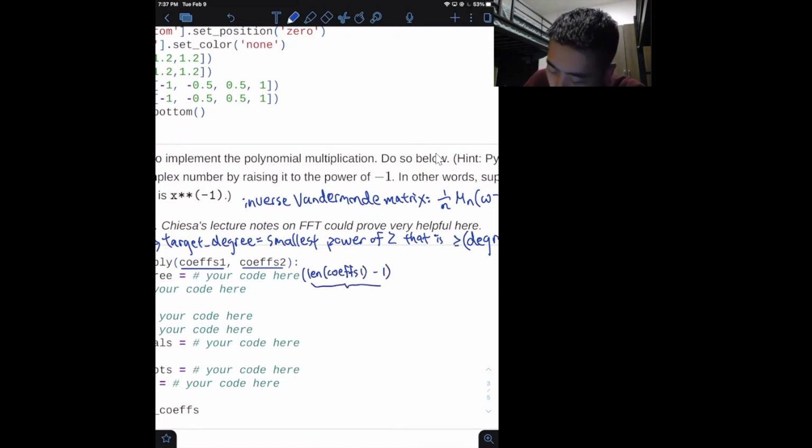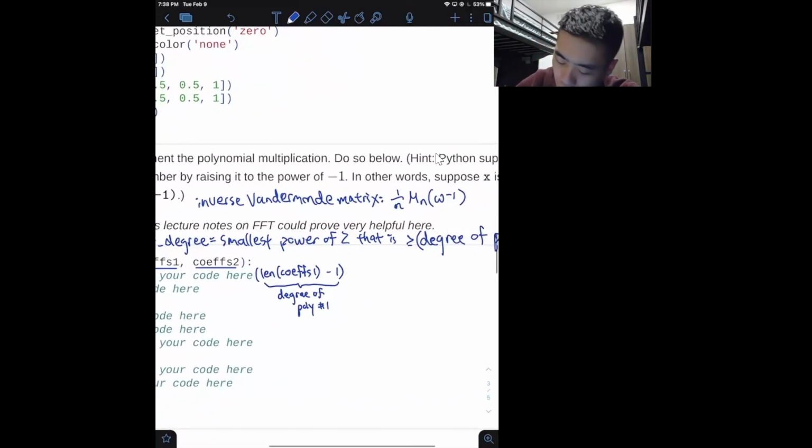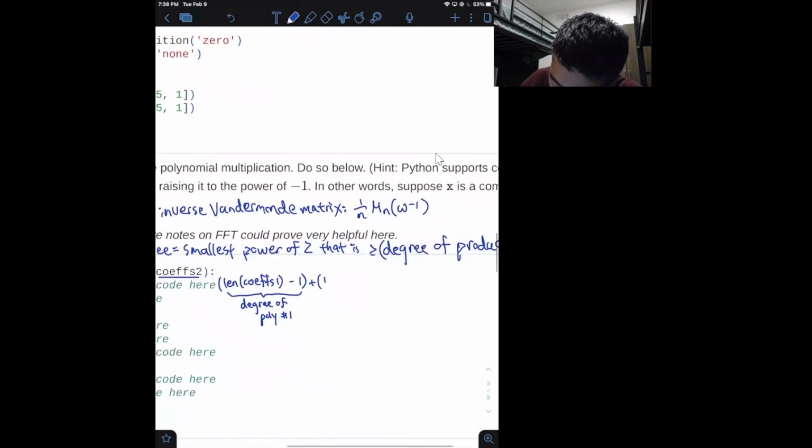Now, len of cof1 minus 1 is basically the degree of polynomial number 1. For example, if cof1 is a list of 3 elements, then this is a degree 2 polynomial. Similarly, this will give me the degree of polynomial 2.